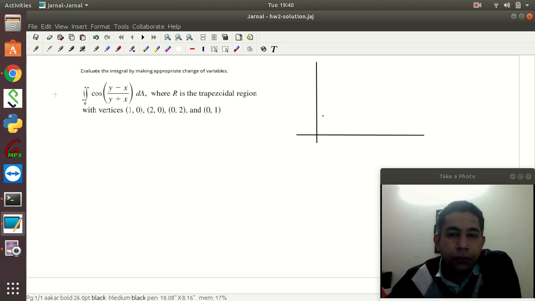Okay, so it is going from 1 0 to 2 0 to 0 2 to 0 1. Okay, so the trapezoid seems to be okay.